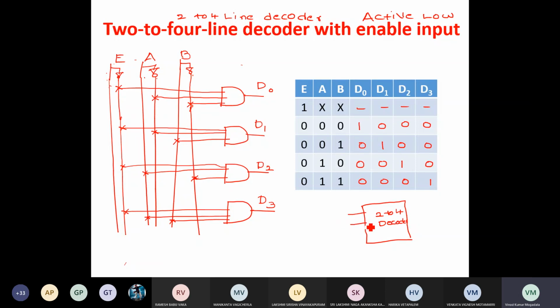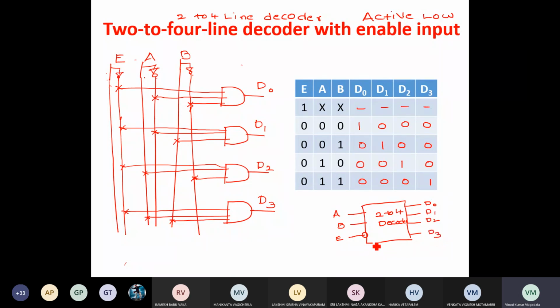A and B are the same. To indicate that it is active low, we will place a bubble. We'll pass the enable input through a bubble. This one will have 4 outputs: D0, D1, D2, D3.